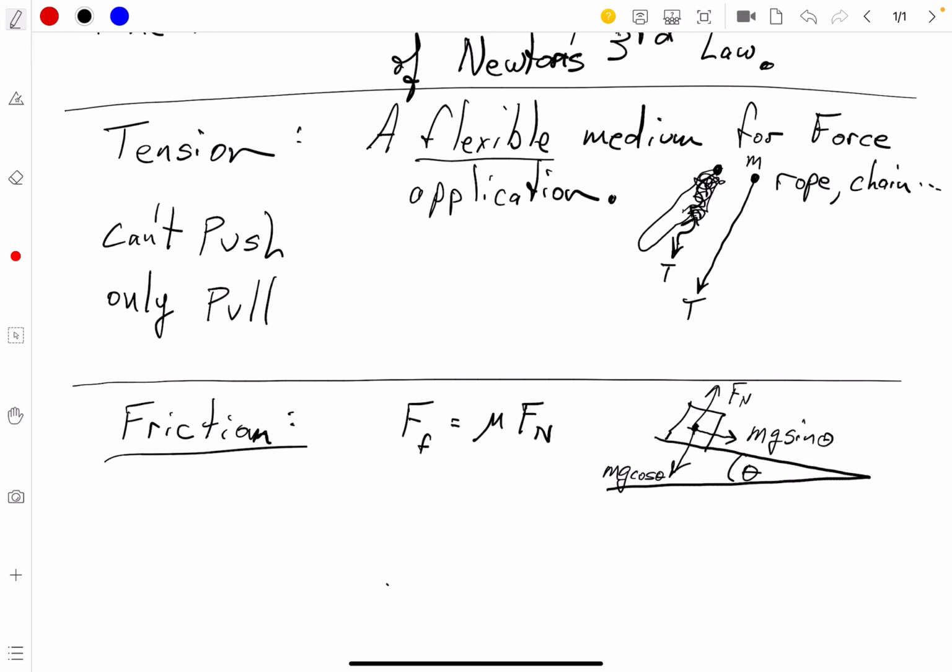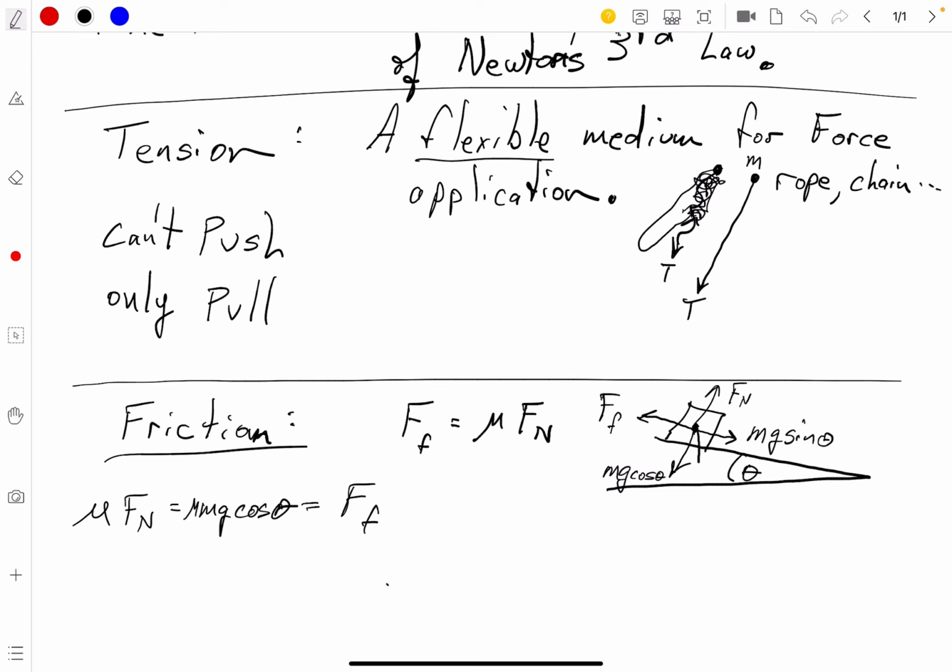And then, of course, we have something that is holding it back, and that is the force of friction. So to some people, you would say, oh, automatically, I know that the normal force is mg cosine theta. And if I slap a mu on the front of that, then I have my frictional force in this situation. That's great.